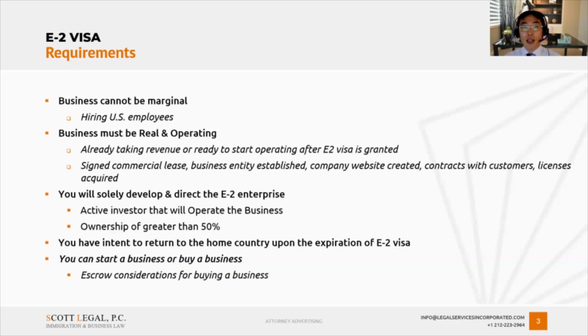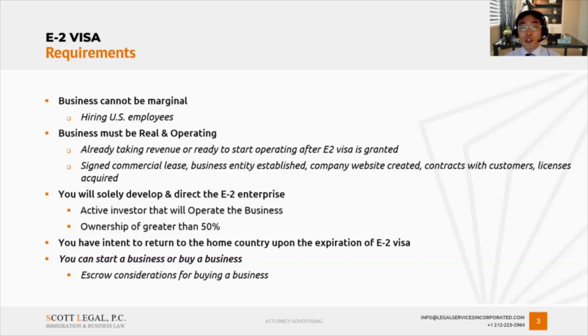Next slide. The next requirement, the business cannot be marginal. This is the whole point of the E2 business, creating jobs and contributing to the local economy in the United States. So that's why the E2 visa was created by the United States government, to improve the local economies.